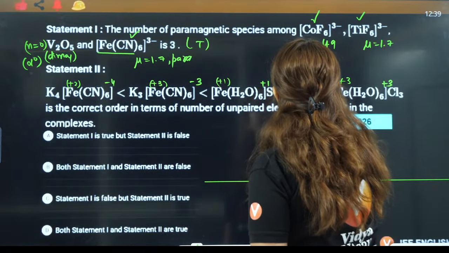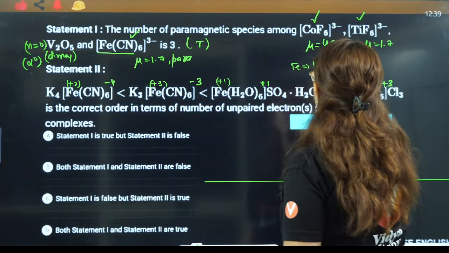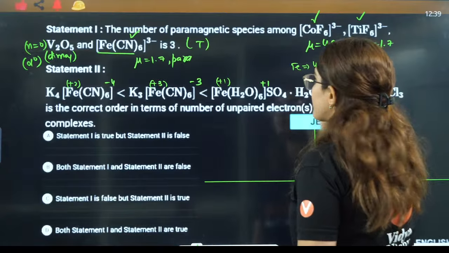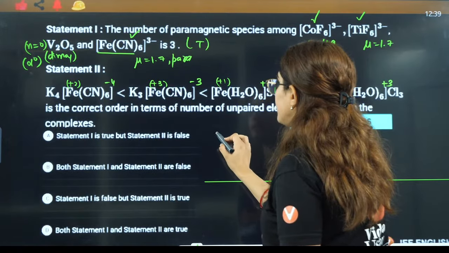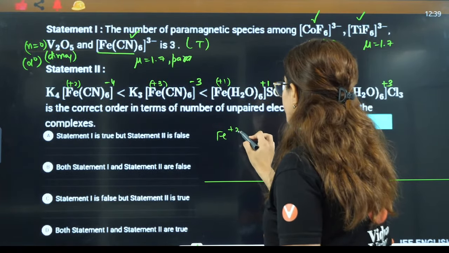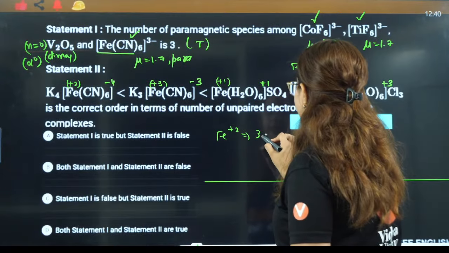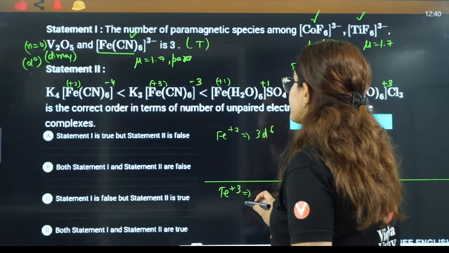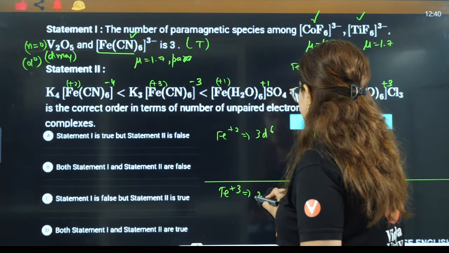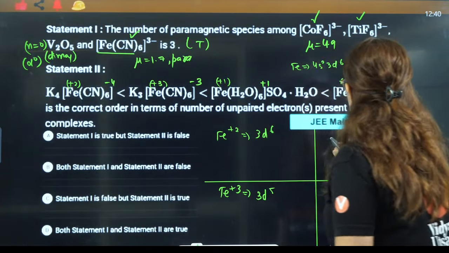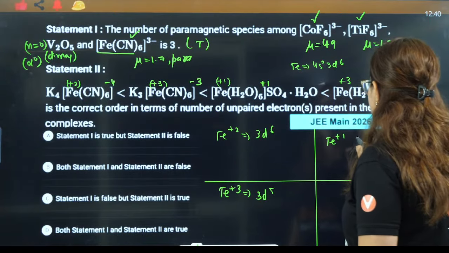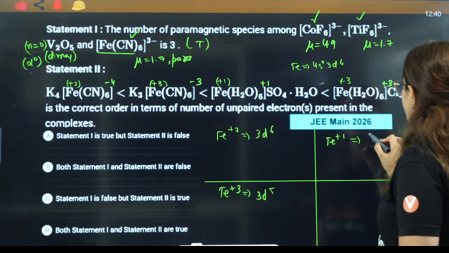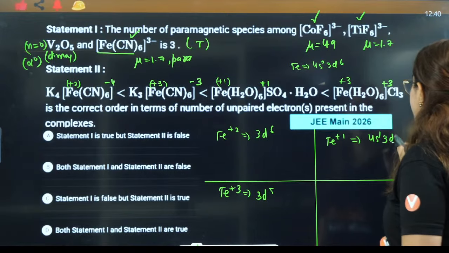We know that iron is 4s2 3d6. So first is iron plus 2, which will be 3d6. This will be iron plus 3, that is going to be 3d5. Here also it is iron plus 1, that is going to be 4s1 3d6.